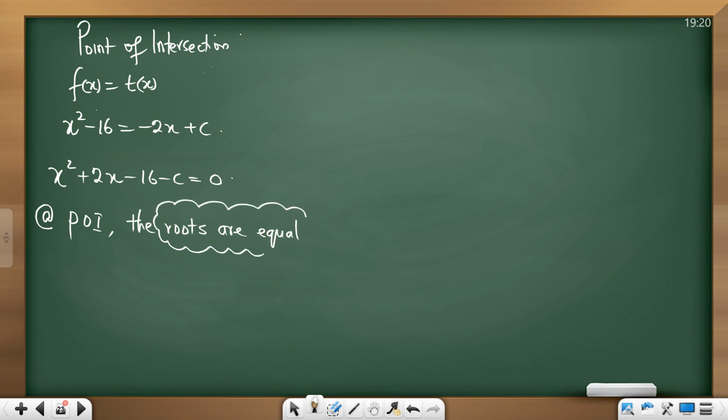What is the condition for equal roots? Yeah, we did something like this. When roots are equal, the discriminant is equal to 0.